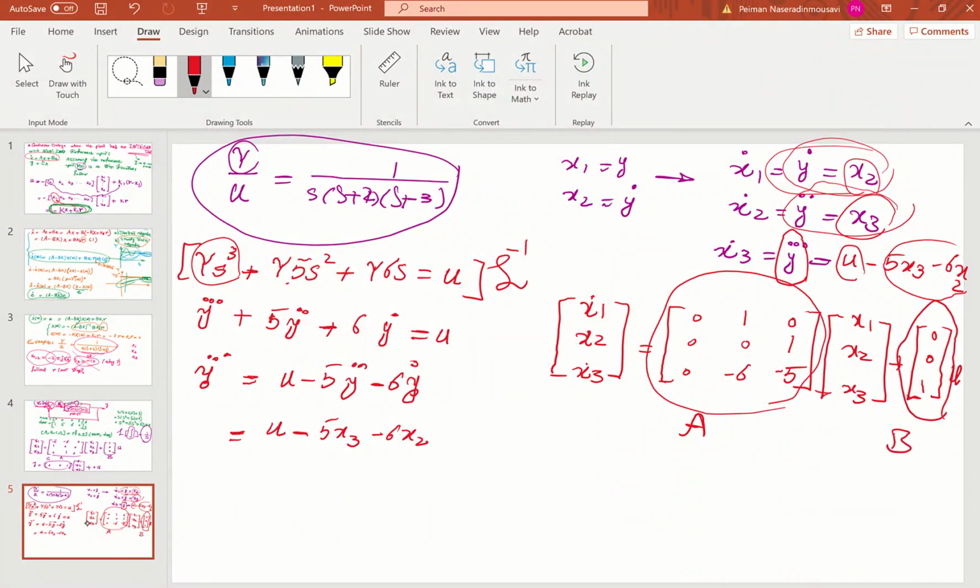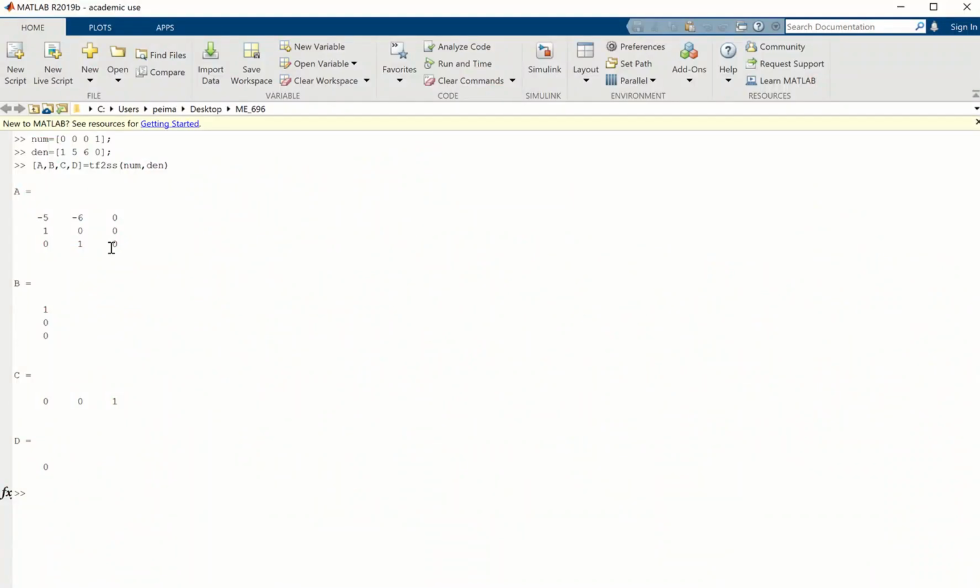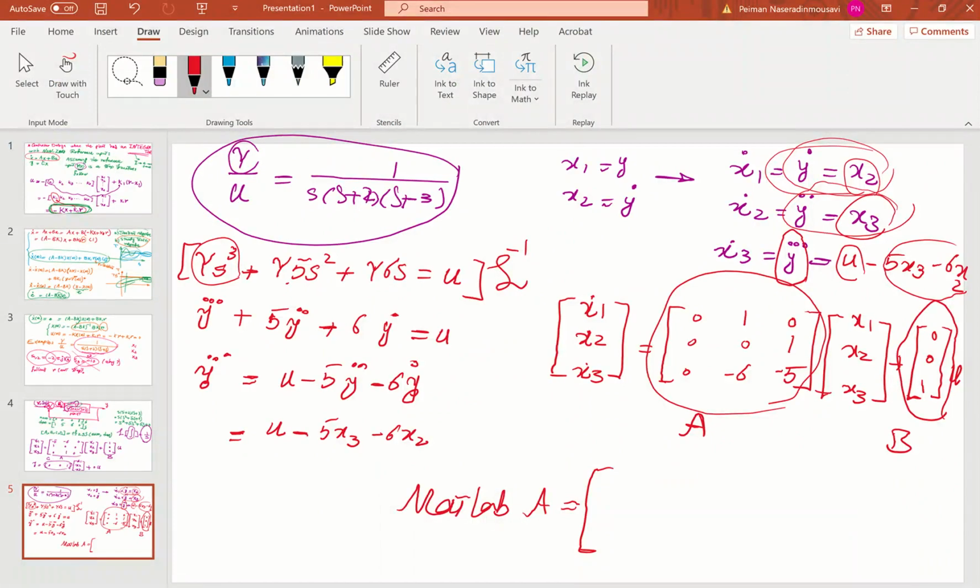By Matlab, as you saw, this is your A. Here we go. See? This is your A. Let me write it down.